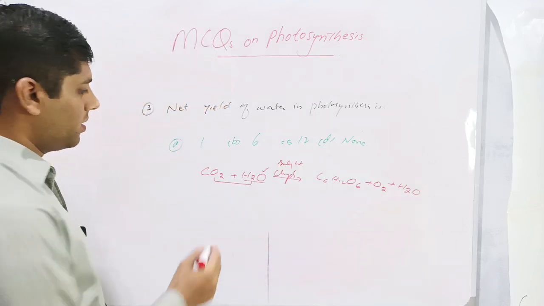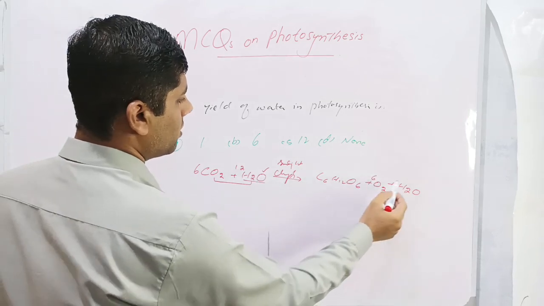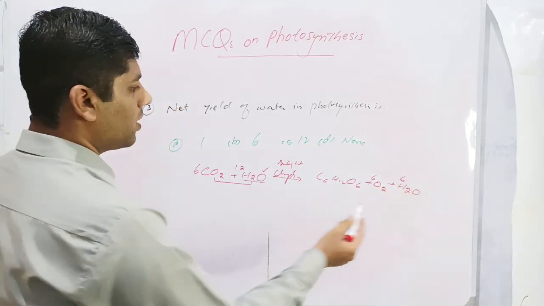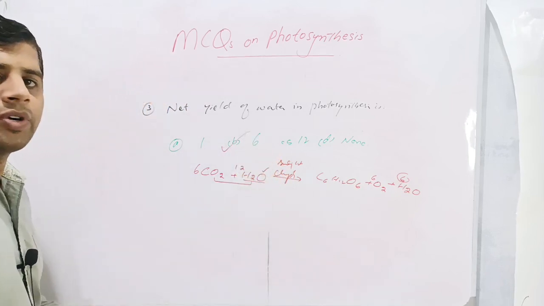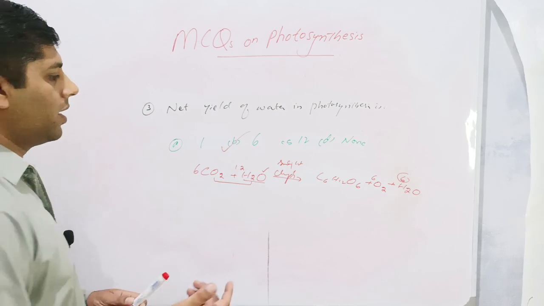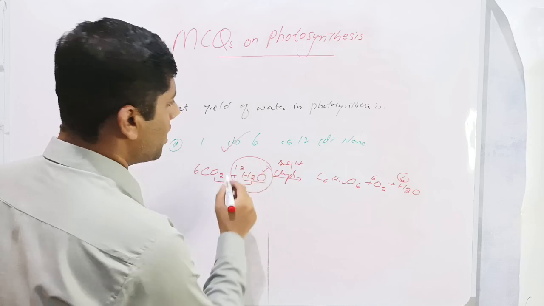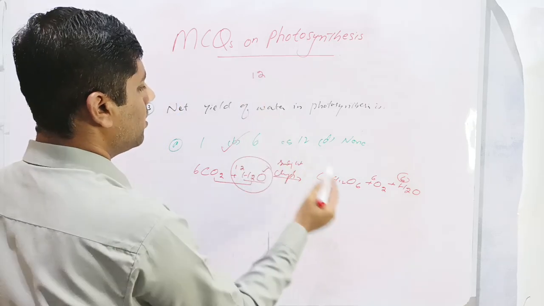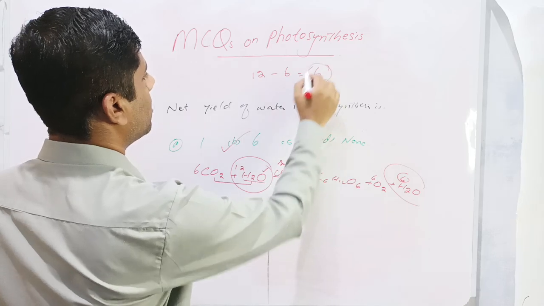If we balance this reaction, 6 carbon dioxide and 12 water molecules produce glucose, 6 oxygen, and 6 water molecules. So the correct option here is 6. So the net yield of number of water molecules during the process of photosynthesis is 6. Or we can say that the number of water molecules utilized in the process of photosynthesis are 12. The produced are 6. So net yield is 6 molecules.